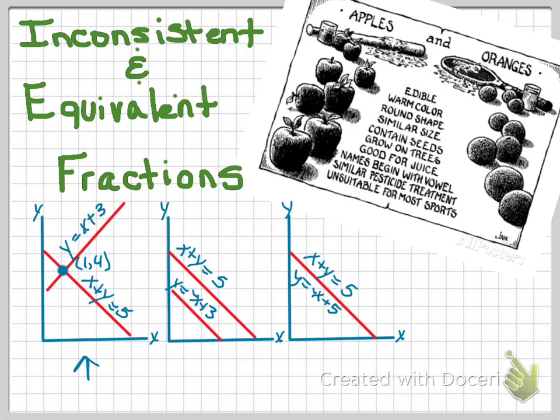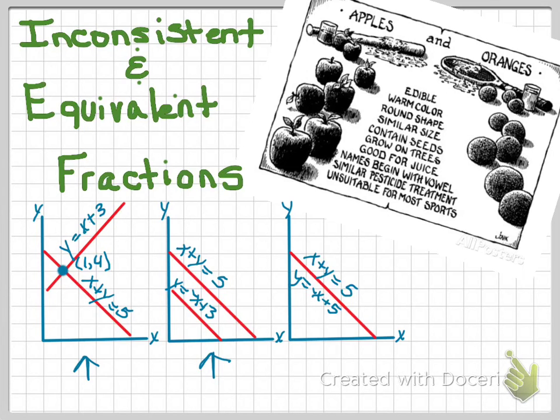Equations that have no solutions are ones whose graphs, those lines, will never intersect. Those equations are said to be inconsistent, meaning they aren't consistent with each other or they're not going to connect. They're apples and oranges.